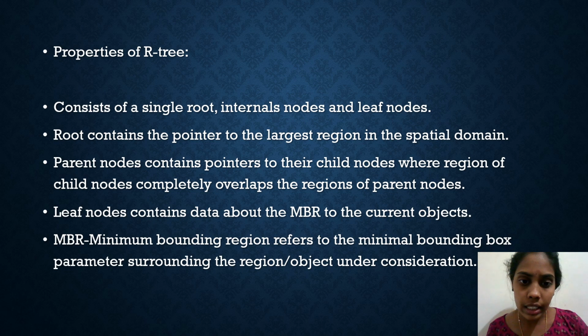Leaf nodes contain data about the MBR of the current object. MBR, minimum bounding region, refers to the minimal bounding boxes, the parameters surrounding the region or object under consideration.